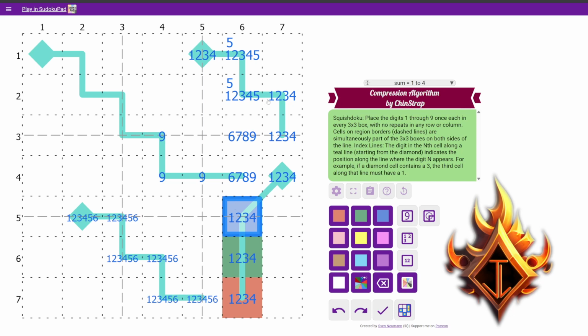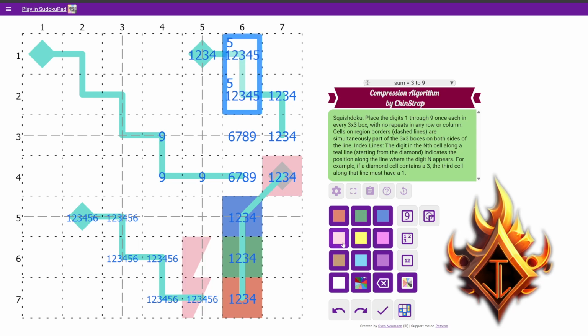And blue, well actually let's do this one next, because it has to go in one of these two.